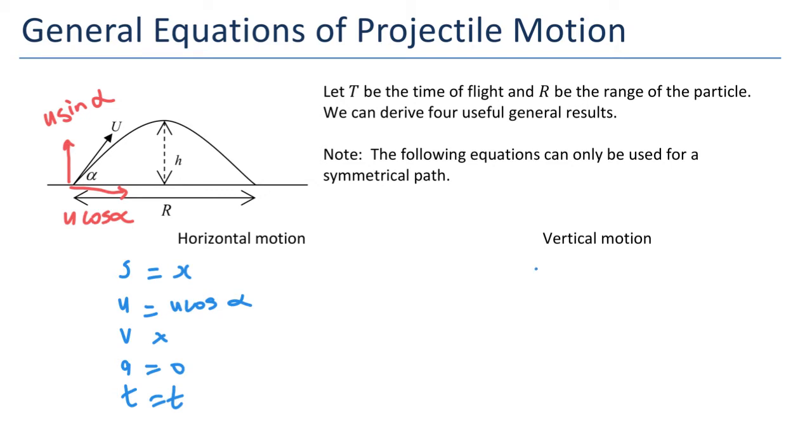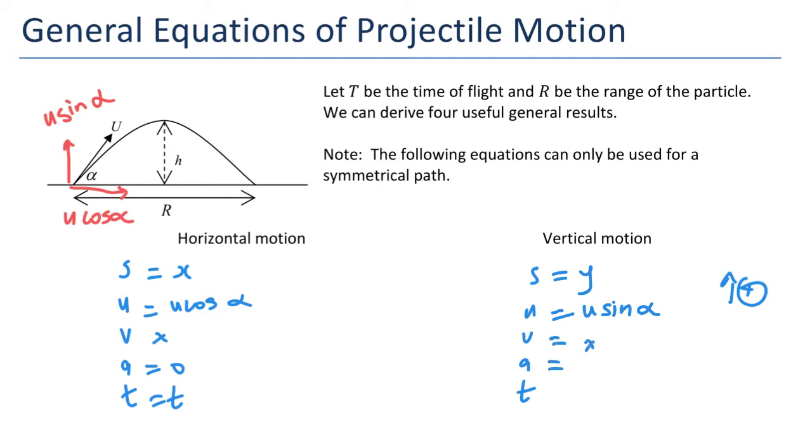For the vertical motion, again, if we think of SUVAT, s is going to be a vertical distance, so we could call it y. The initial velocity is u sine alpha, and that's taken up as positive. Final velocity, we don't really know.